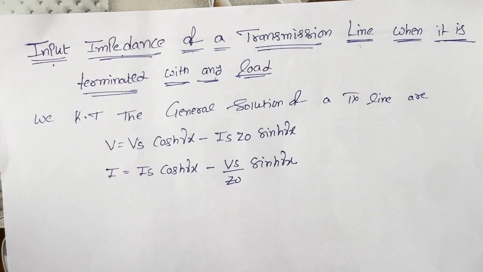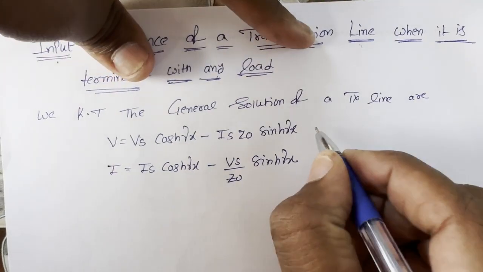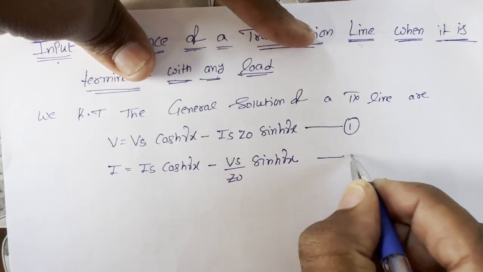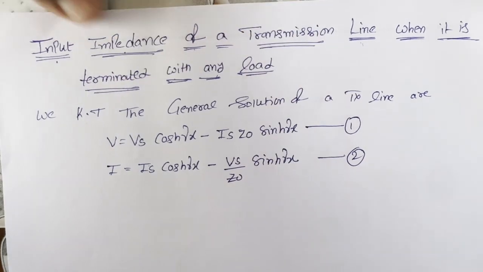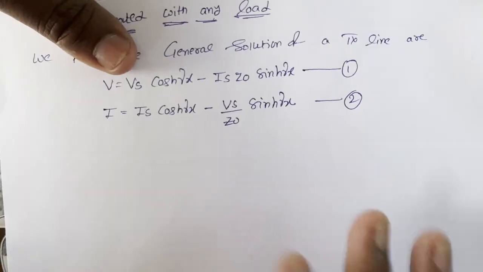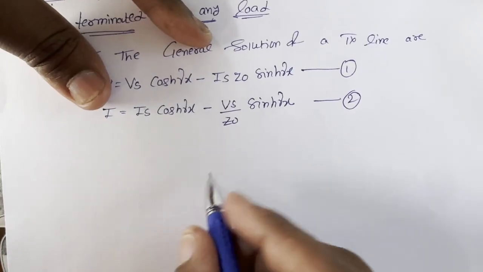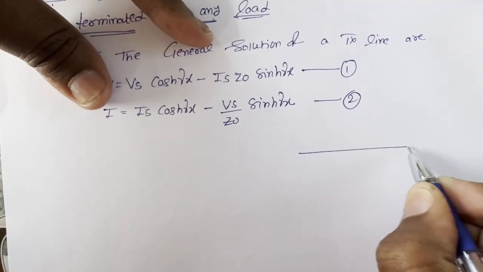Now with these two equations we are deriving the corresponding input impedance. I am writing them as equation 1 and equation 2. I am considering a simple transmission line like this, drawn here with a load.